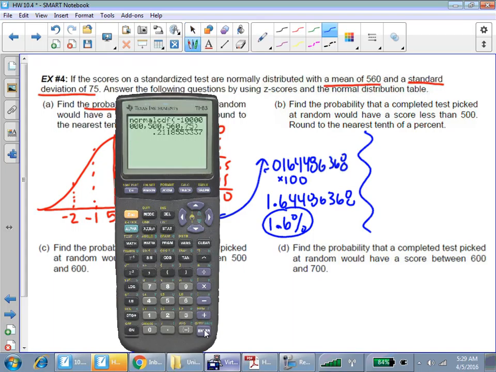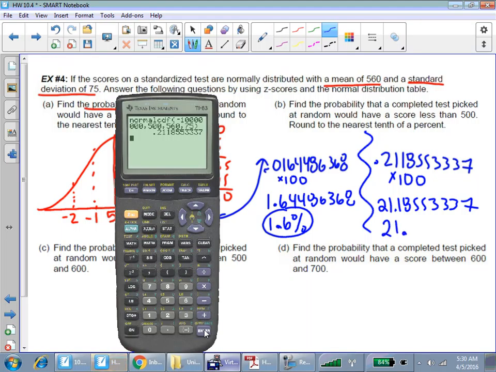So we got 0.21185533337, and I want it to the nearest tenth of a percent, so I'm going to multiply by 100. That would be 21.185533337 percent, and nearest tenth would be 21.2%. 21.2% of the scores are less than 500.